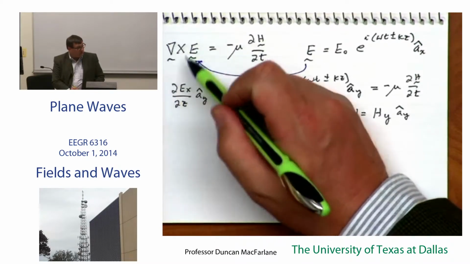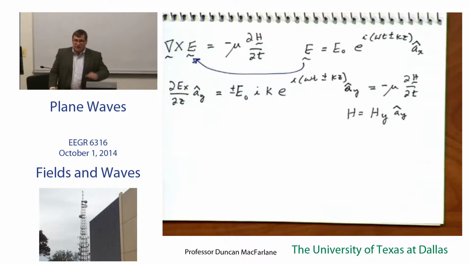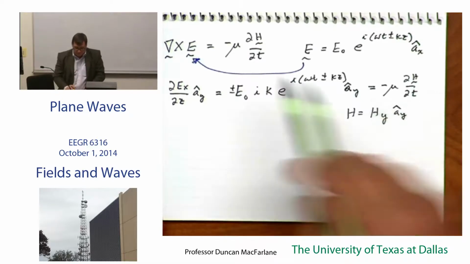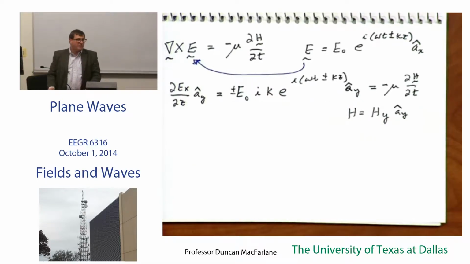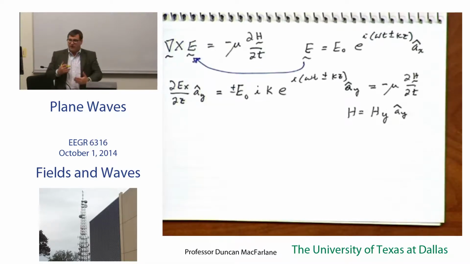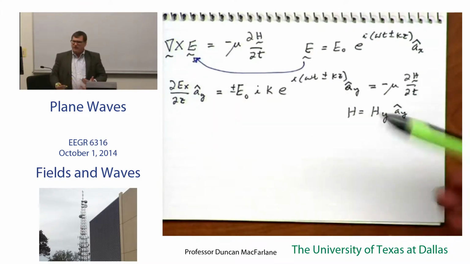Because of this curl, my electric field points in this direction here, and my magnetic field H points in the y direction, perpendicular to it. Perpendicular to it, and it looks like there's an i there, which has a phase implication. It gives you a phase shift. Okay? So when this is high, this is as it propagates. Okay? So there's some things that the math is trying to teach us here.